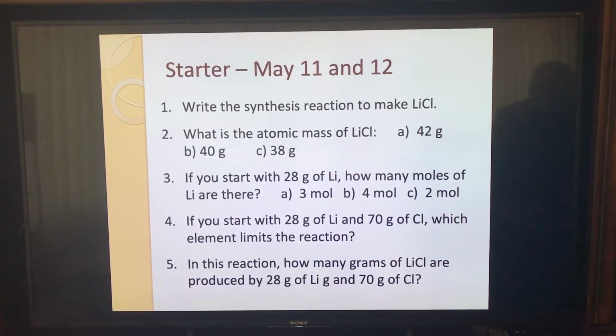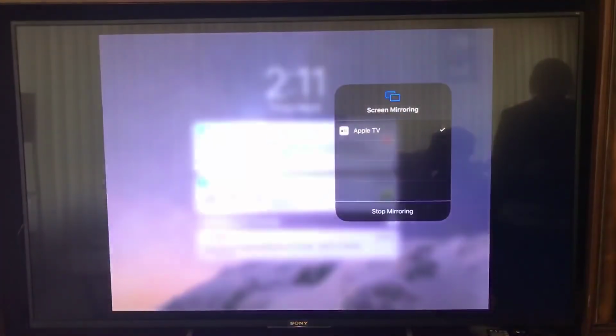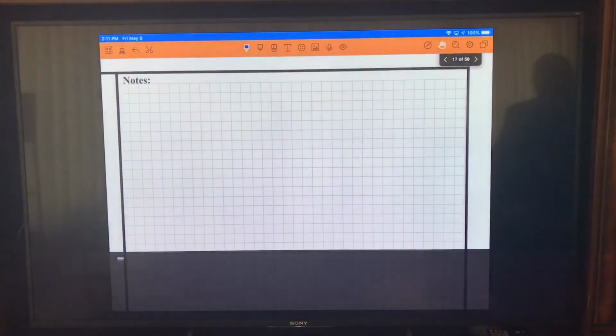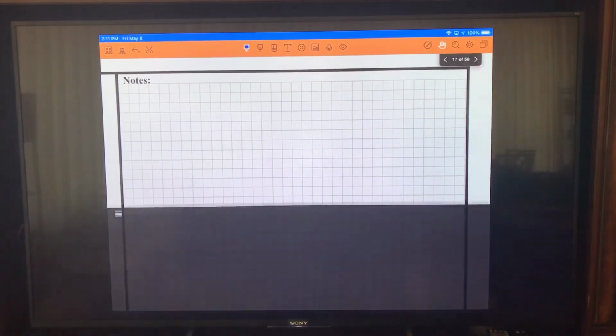I'm going to switch over to my iPad here. All right, question number 1 says write the synthesis reaction for lithium chloride.